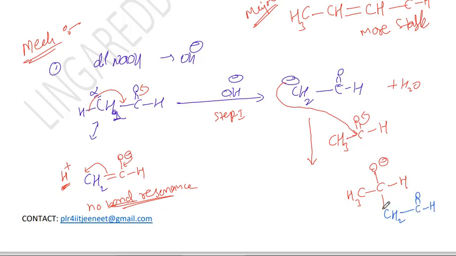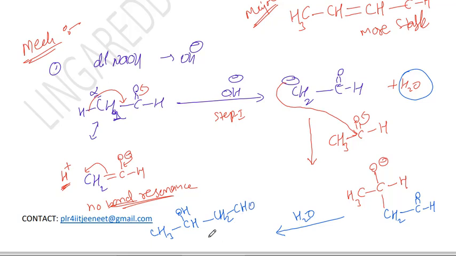So now what will happen? The water which was separated earlier, this H2O, comes back here. It forms CH3 CH OH CH2 CHO. This is the beta hydroxy carbonyl compound. The beta hydroxy carbonyl compound is forming.